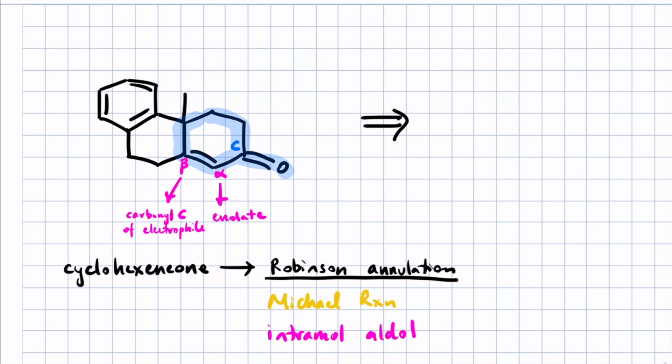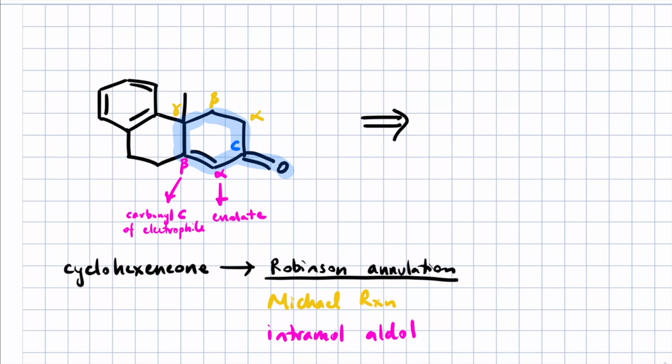Similarly, on the other side, I'm going to label this carbon alpha, this carbon beta, and the carbon beyond beta, I guess, we can call gamma. And sure, we'll put it there, gamma.